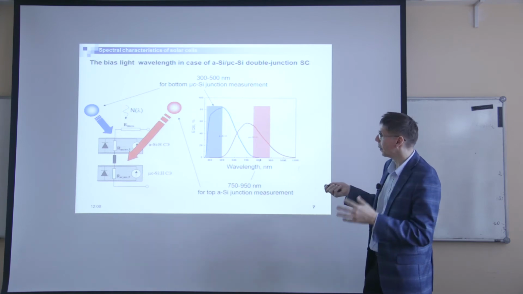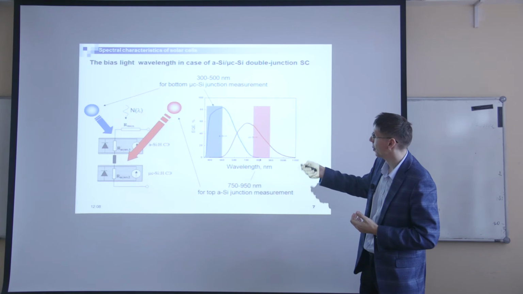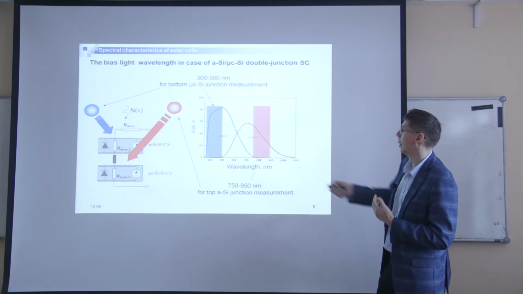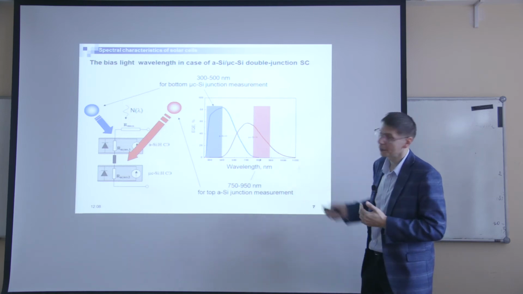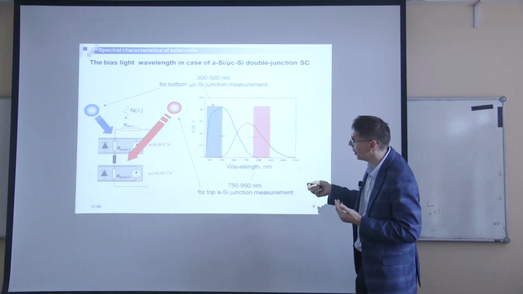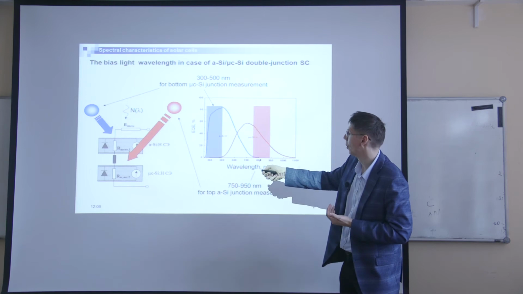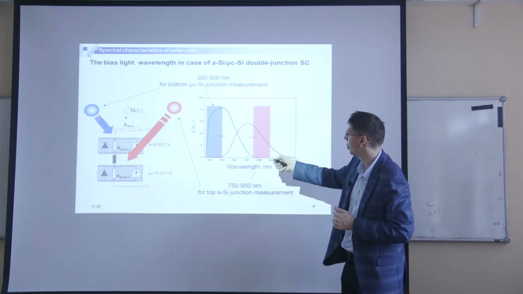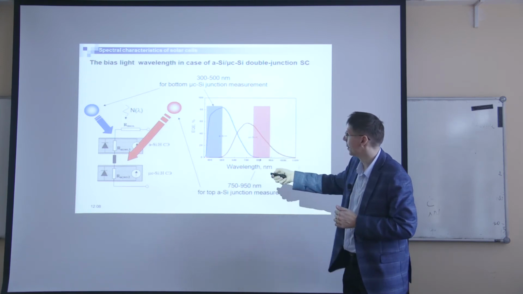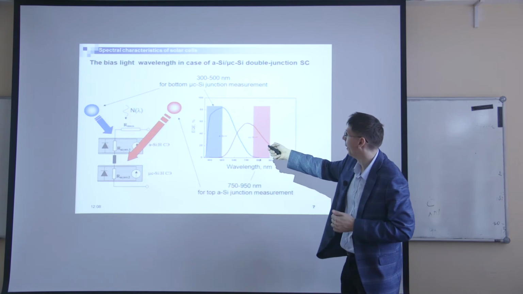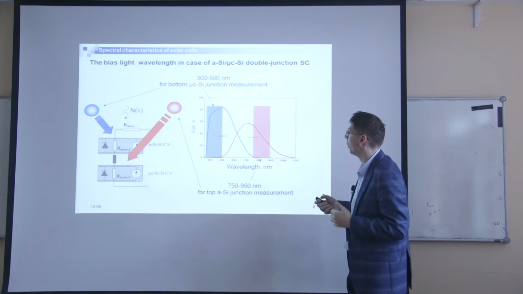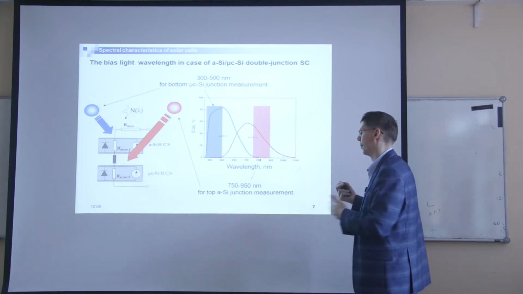So, for example, here, if we consider a double junction solar cell based on amorphous hydrogenated silicon and microcrystalline silicon, we have a look at the spectral response, and from this spectral response we can choose the range of the bias light. So, to measure the bottom junction, we have to use the bias light in this range, where the top junction is sensitive enough, while the bottom junction is not sensitive at all.